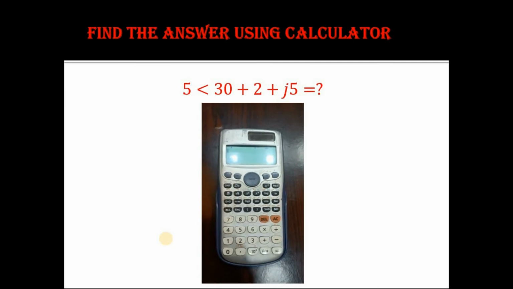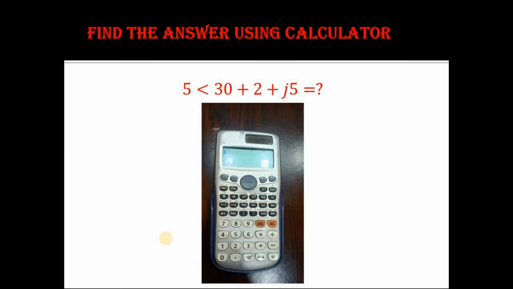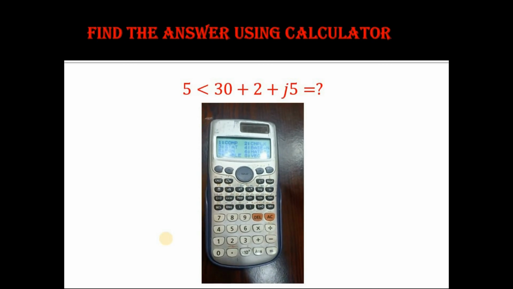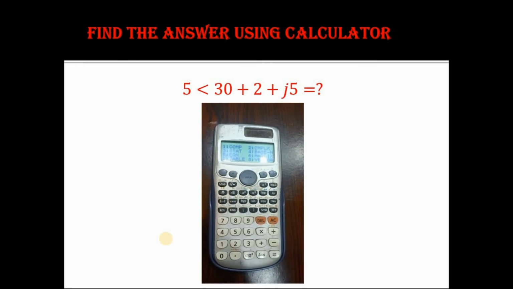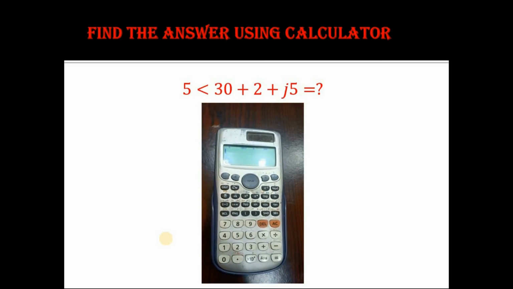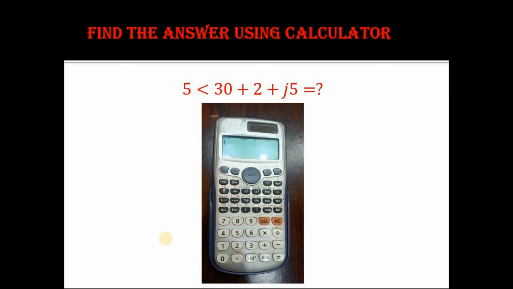To solve this directly, we have to change the mode to complex. So press the mode button. Look at the display. In the first row we have complex in the right hand side, that corresponds to 2. So press 2. Now calculator is operating in complex mode.